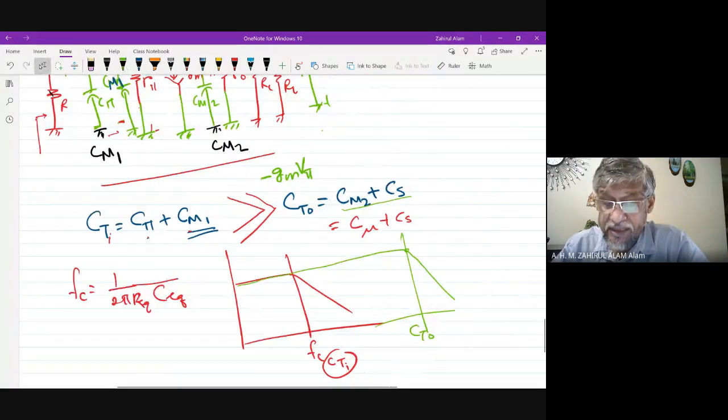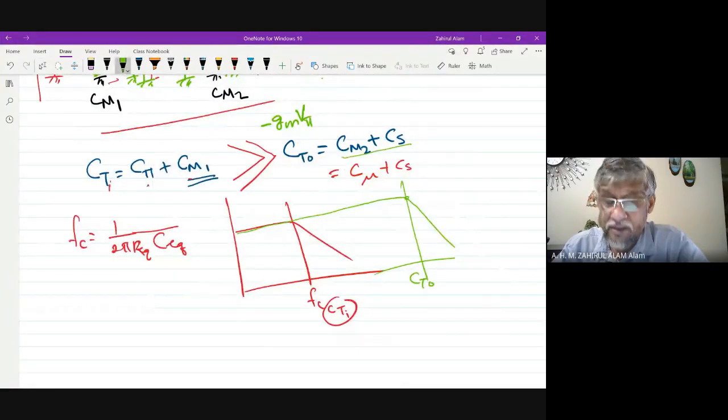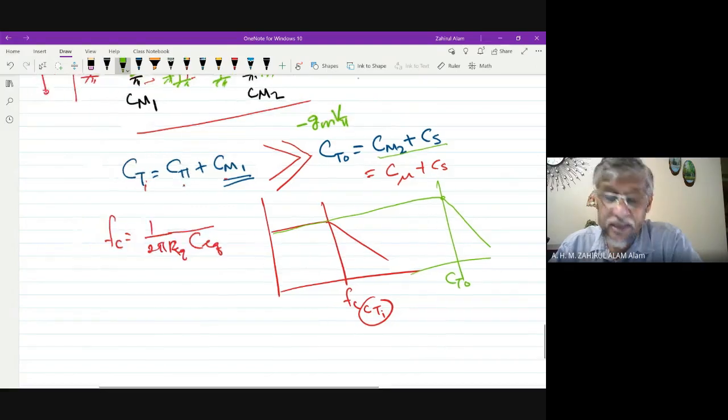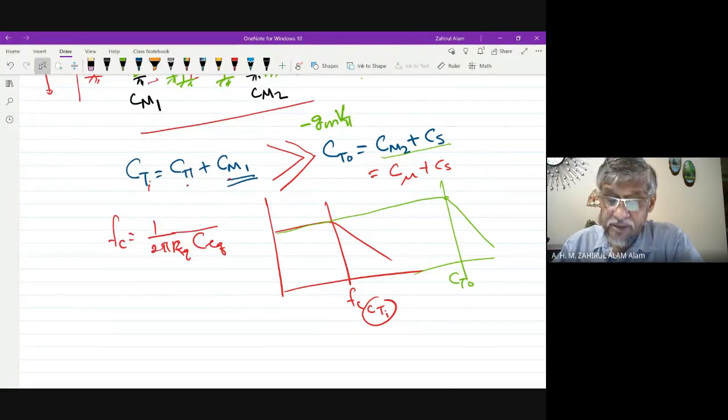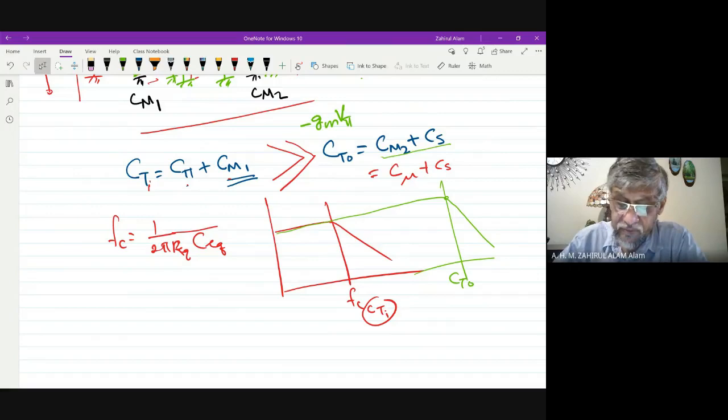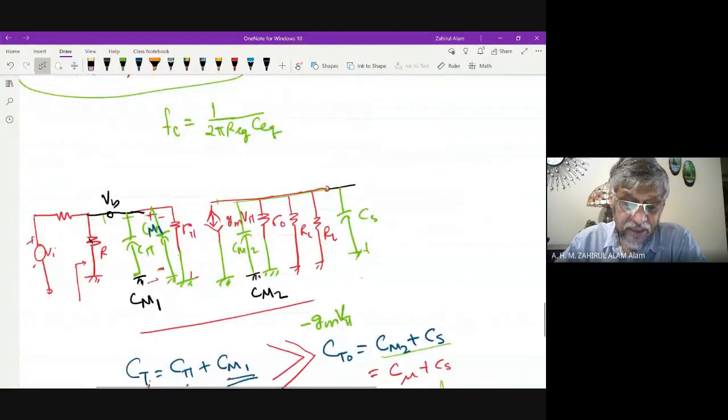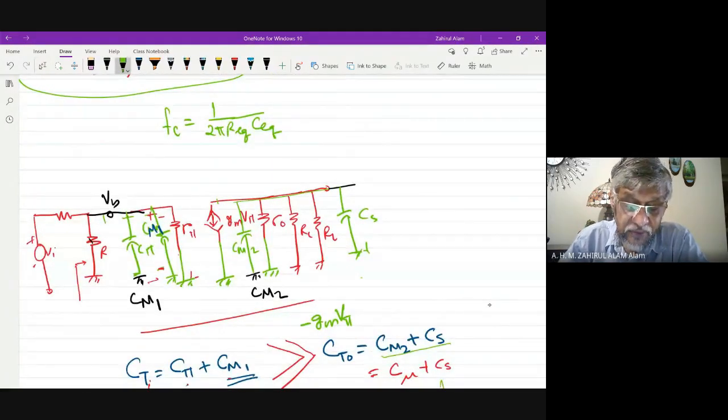Since the output corner is far away, when we study the high frequency behavior, we don't analyze the output circuit to find the corner frequency. We need to analyze only the input side circuit. So we need to only consider the input side.